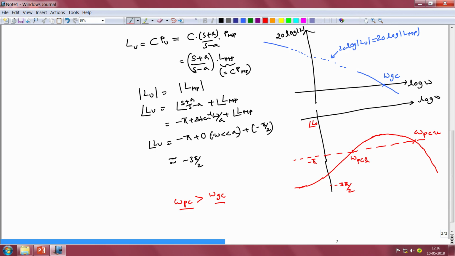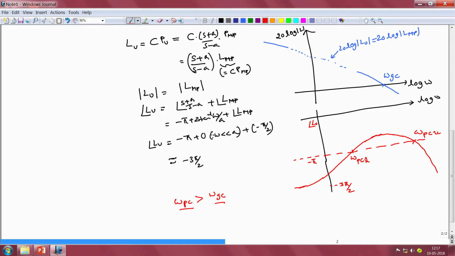Now if you want to uncritically apply the lessons that we learnt in case of minimum phase systems, where we wanted the phase crossover frequency to be greater than the gain crossover frequency, we might conclude that a system with this kind of a Bode plot is actually unstable, because one of the phase crossover frequencies is actually less than the gain crossover frequency.